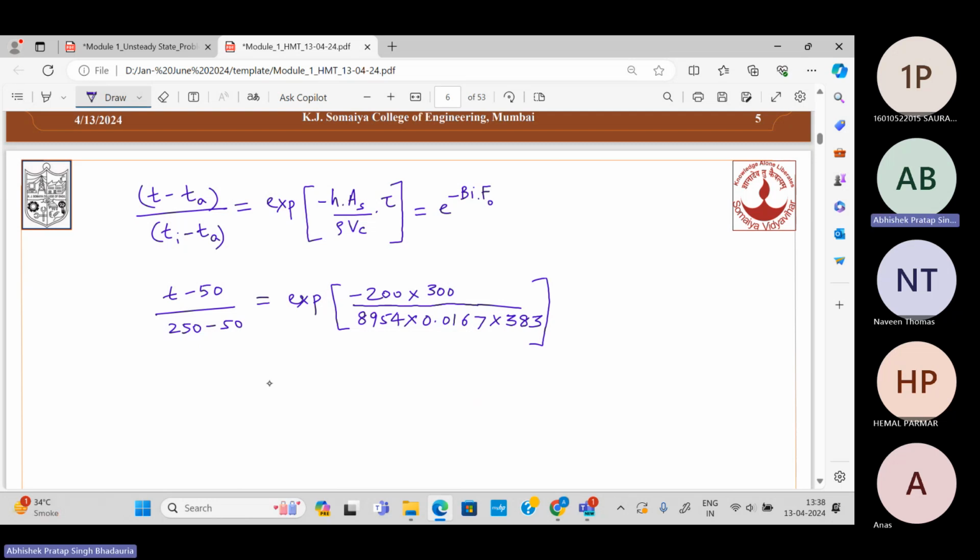Fine. So just calculate this. Okay, you just simplify this. Finally you will get the value as 0.35. The calculated value of temperature is 120 degrees Celsius.